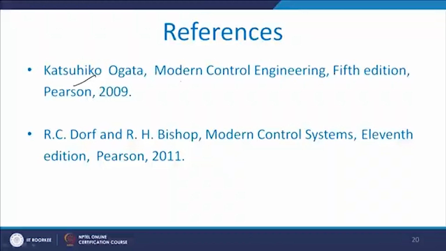We will see again how these commands are helpful in that case. Now some references: we can use these references and try to solve as many examples as possible using these commands. Thank you.